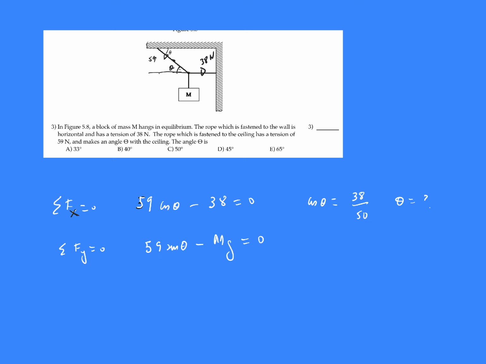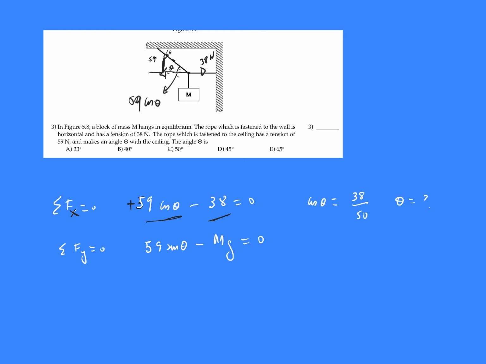Let's say I choose going to the right as negative, so minus 38. Here there is 59, but in the x direction there is 59 cosine of theta, positive.